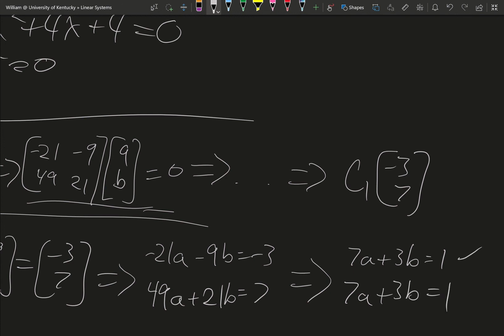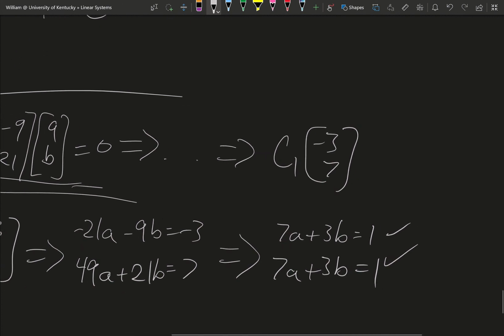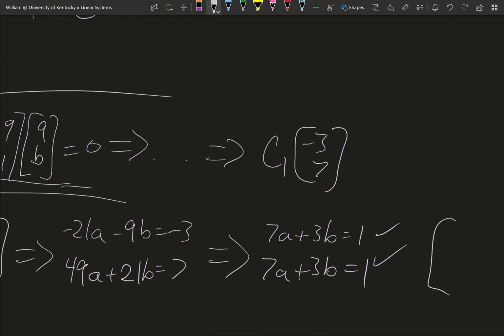The same thing works as before for double checking your work with eigenvalues and generalized eigenvectors: you should get essentially the same equation at the end. We just need any solution. I like mine to be as nice as possible, so let's do a equals 1 and b equals negative 2.